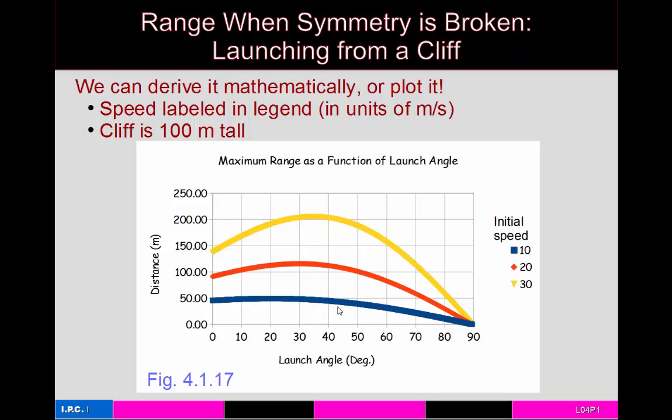In fact, the higher up that you launch from, then the smaller is this optimum angle. So here the optimum angle is more nearly maybe 33 or 34 degrees, whereas initially it was 45 degrees when you're launching from across flat ground.